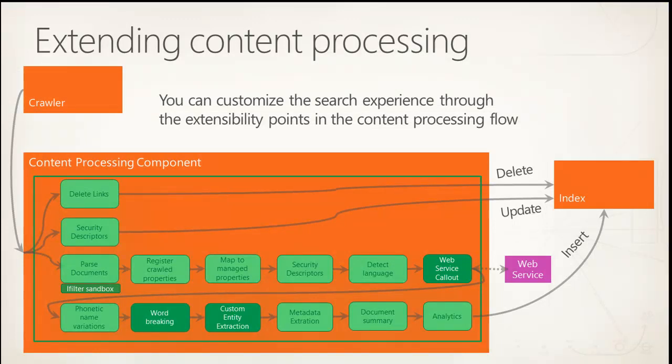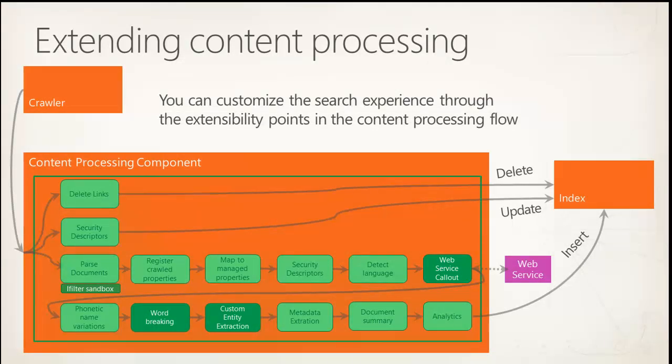The other place that you can extend is word breaking. You can add a whole new custom word breaker, or you can add new terms to a word breaker dictionary, so that terms like AT&T, for example, which would normally be split into 3 different tokens, can be added as an exception, and then that will be just a single token when you search.